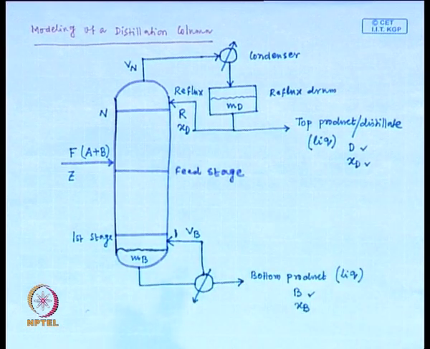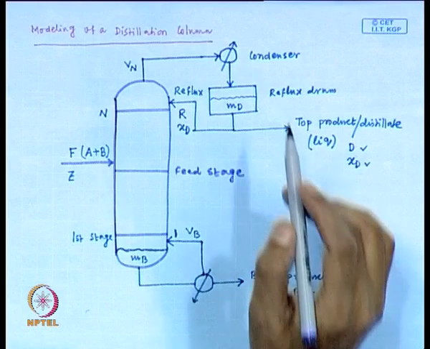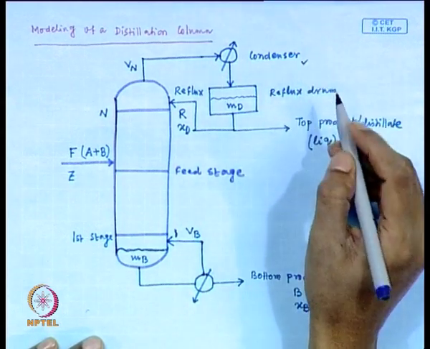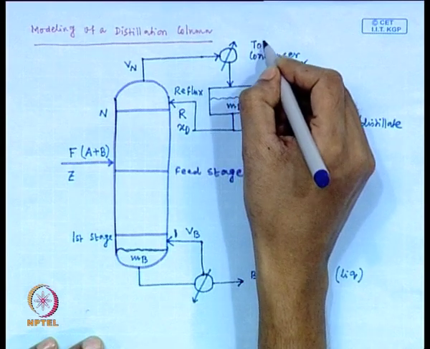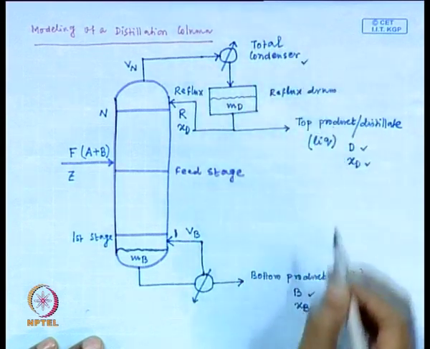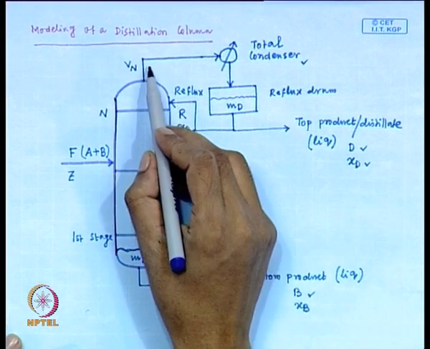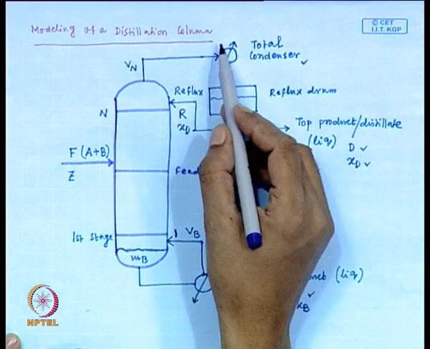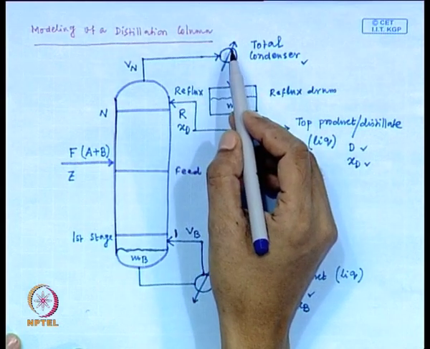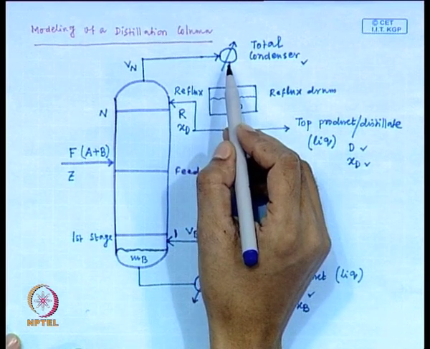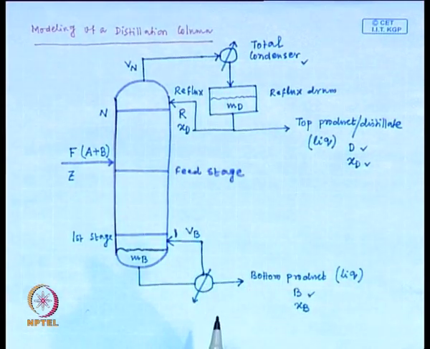Fine. Now, this condenser is basically a total condenser, because the overhead vapor entering the condenser is totally condensed.